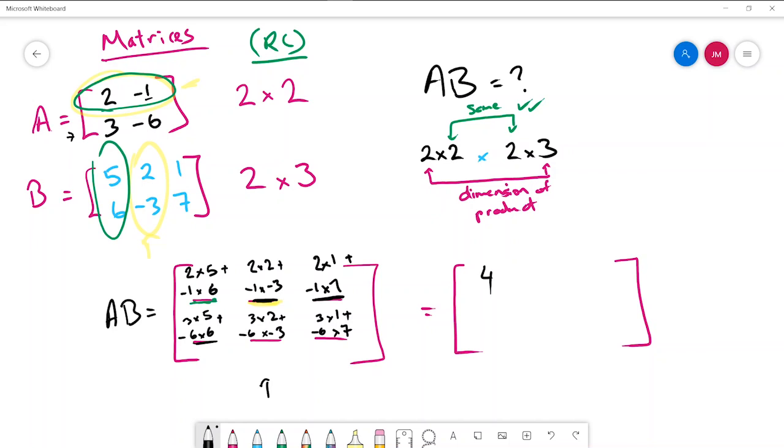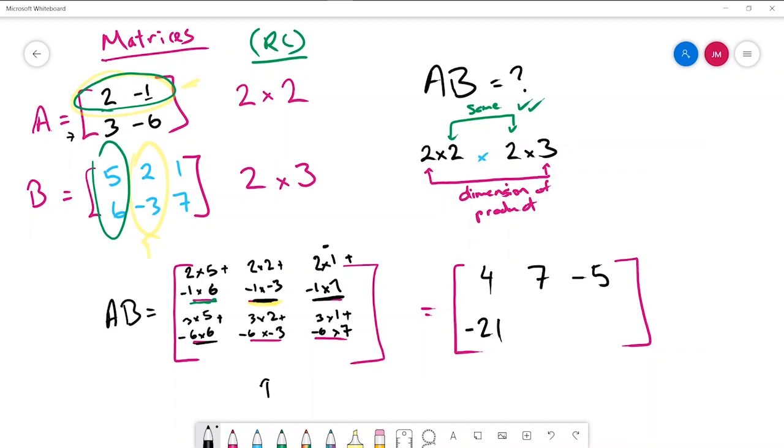So going up to the second one across in the first row, 2 2s are 4, plus 3 would be 7. And then going up the top here, 2 times 1 is 2, plus -7 would give us -5. And then down the bottom here, we've got 3 times 5 is 15, plus -36, that's -21.